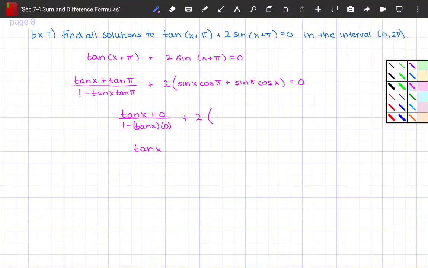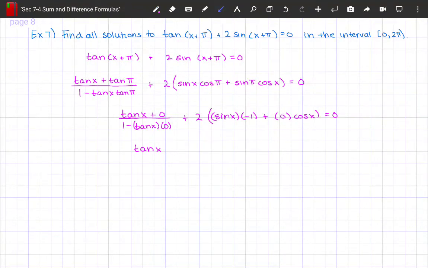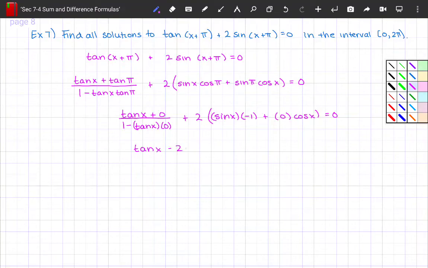And then we have the sine of x times -1 plus 0 times the cosine of x. Well, that's going to be -2 sine x plus 0. Oh, that looks a little better there, doesn't it? Yes. Okay, so now let's try to figure out what we do from here.